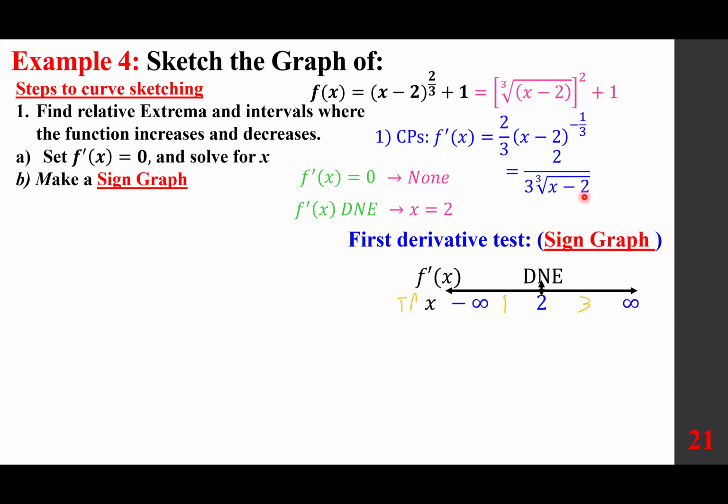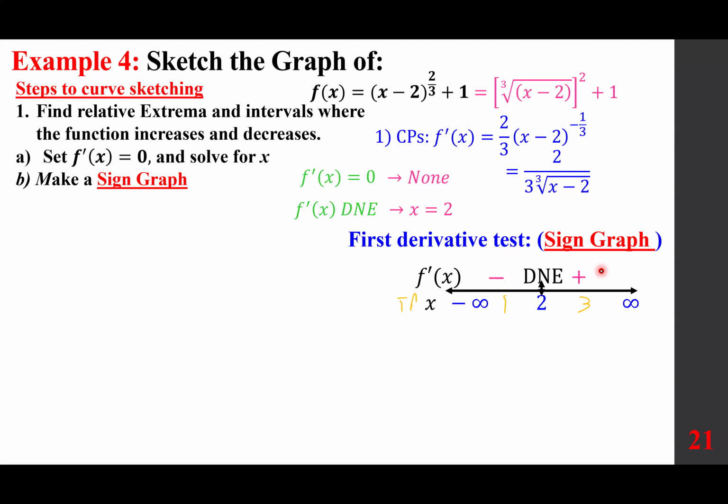Cube root of negative 1 is negative 1. So 2 over 3 times negative 1 is negative. And you have to check the 3. 3 minus 2 is 1. Cube root of 1 is 1. So 2 is positive, 3 is positive, 1 is positive. Everything is positive. So negative, positive.